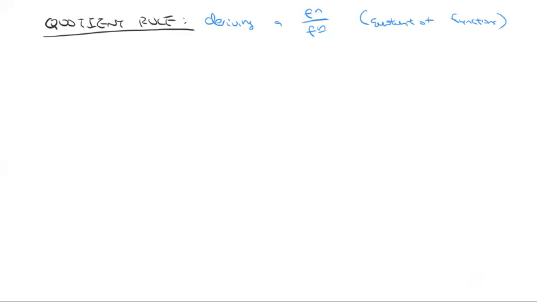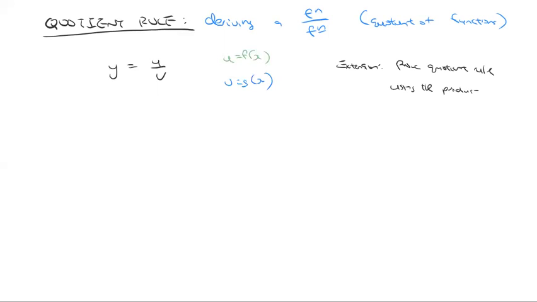Now we could actually derive what the quotient rule is, because if you've got something like y equals u over v, where u and v are functions, then one way we could do it, as an extension, is to prove the quotient rule using the product rule by considering y equals u over v is the same as u times 1 over v.